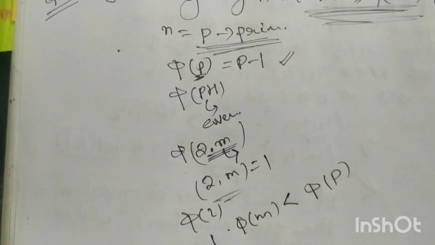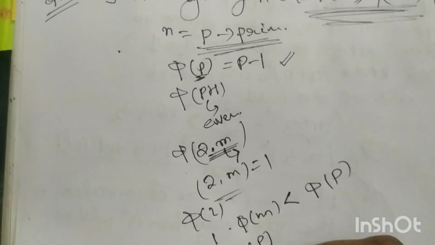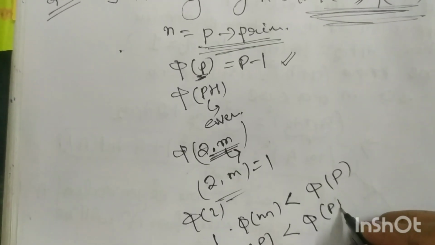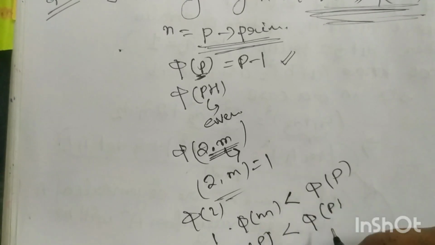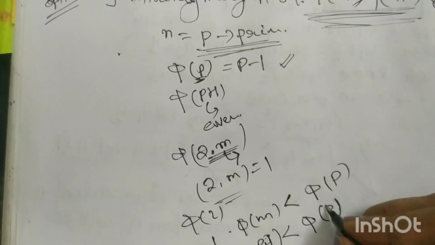So it implies that phi of p plus 1 is less than phi of p.